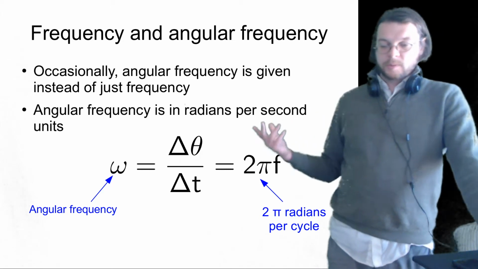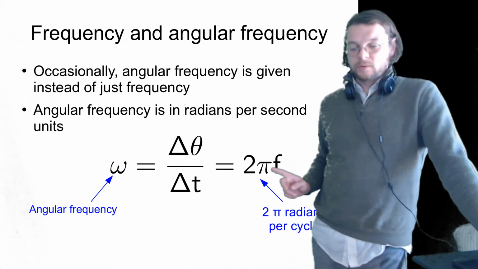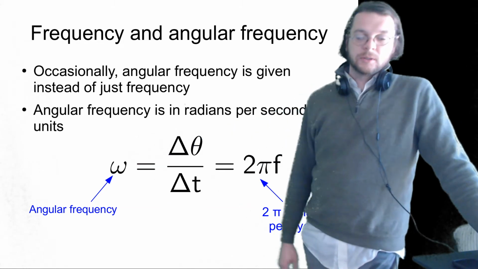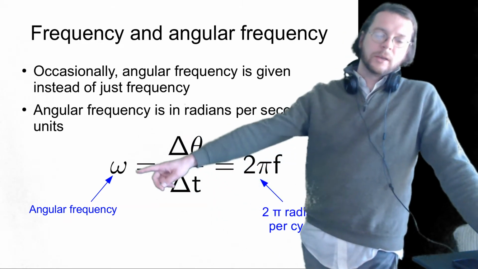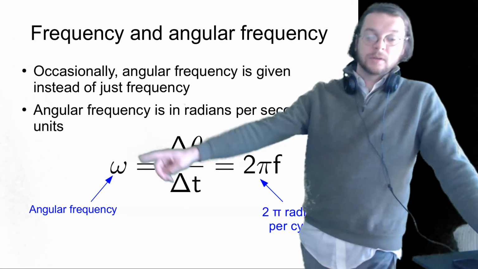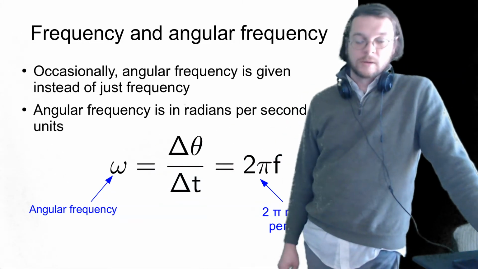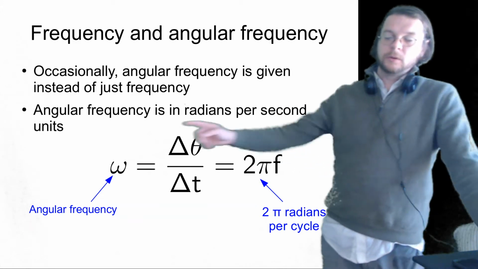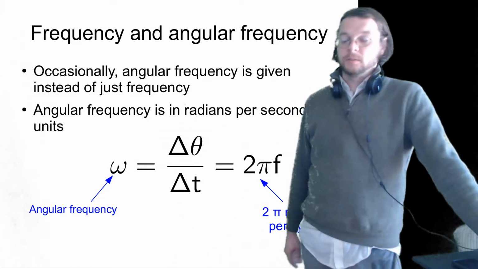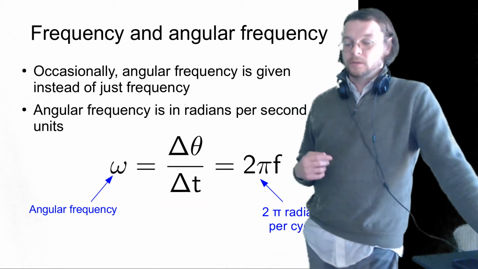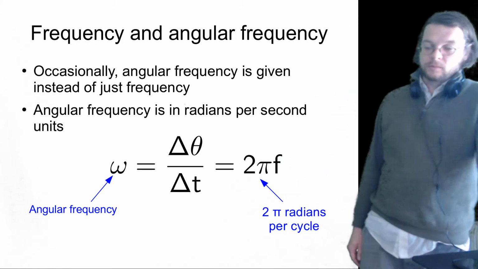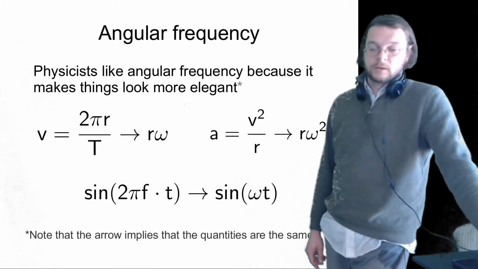And there will be problems in which I might give you the frequency, and what you'll really need is the angular frequency. Sometimes this is called the angular speed. I think the angular frequency and the angular speed are about the same thing, if you ask me. Sometimes they'll give you the period, and what you really need is one of these two things. So just be ready to convert from one to the other if needed.